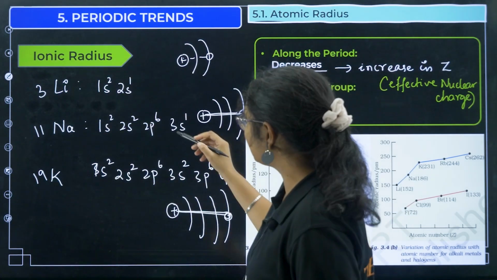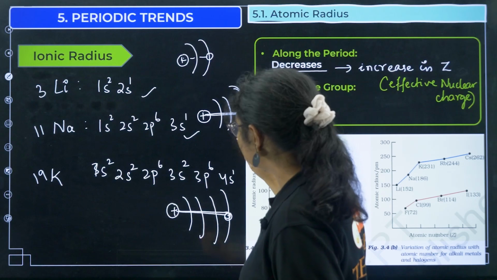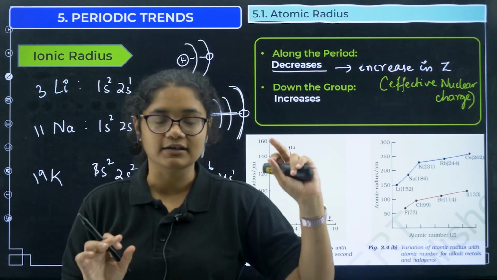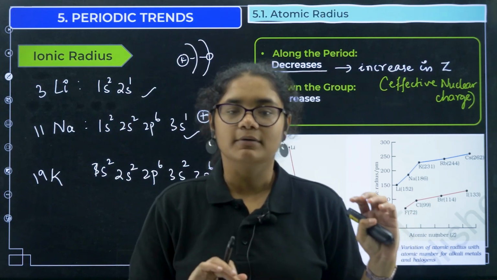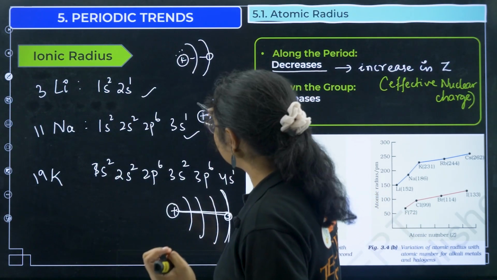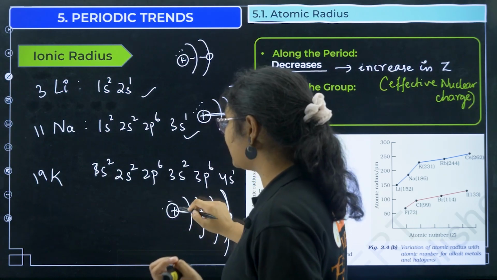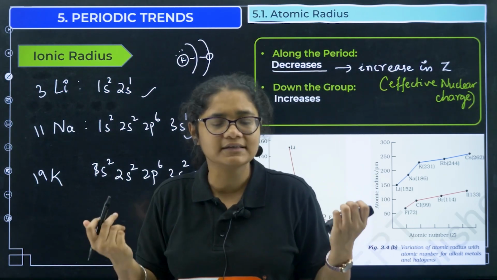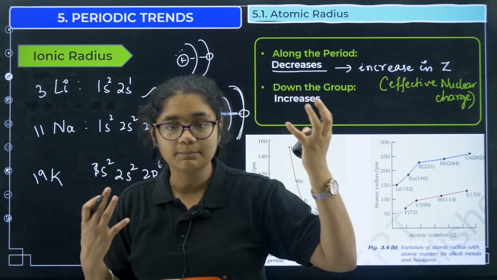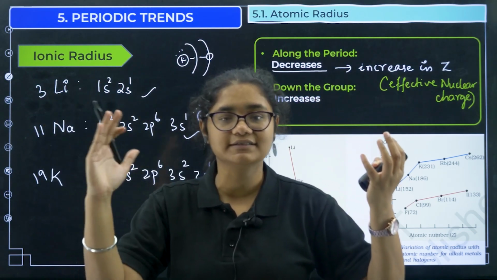Why? Because you see here 2s was there, then here one more shell is added, here one more shell is added, right? But in a period, the new shell is not added, okay? But here you may think, okay ma'am, here also there are 3 protons, here we have 11 protons, and here we have 19 protons, right? The number of protons is increasing. It was increasing in the period also, but in the period the shell was the same, right?